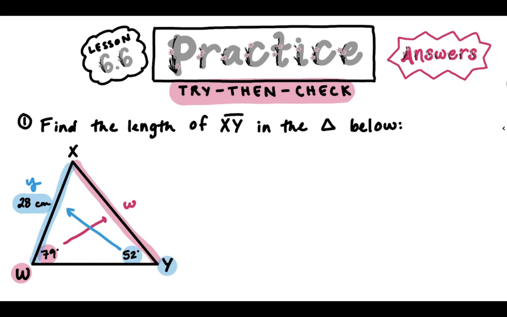Let's write our equation. Using the law of sines, I know that little w divided by the sine of angle W is going to be equal to what I get when I do the same thing with y. So little y divided by the sine of angle big Y. So that's our law of sines equation. Now I'm going to plug in the numbers that we know, and then we're going to solve it.